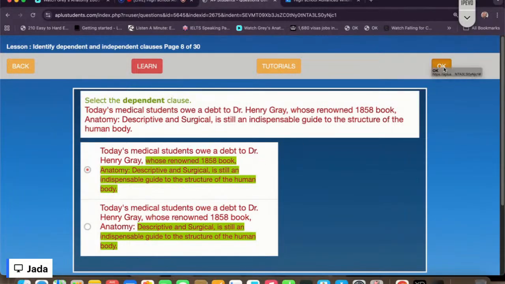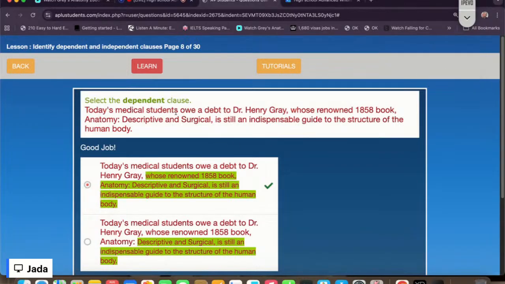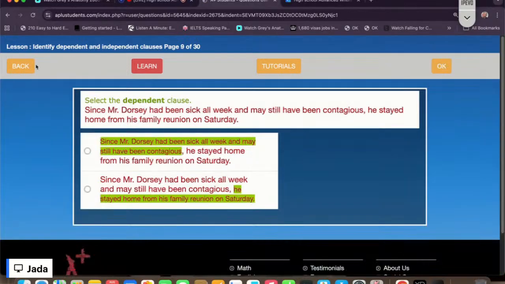All right, so we have whose, okay, from the relative pronoun.